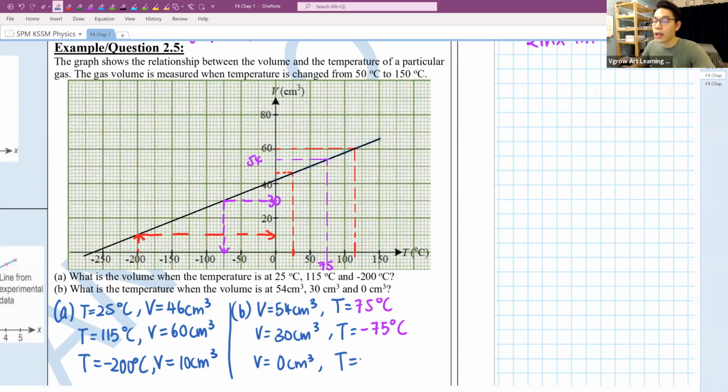And then the final one, when the volume is 0.